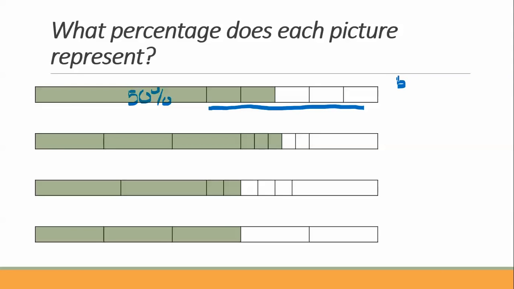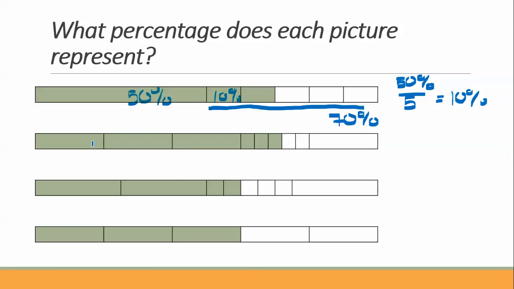So we have 50% divided into 5. So that means each of the smaller divisions is 10%. So now we have 50, 60, 70. So this shaded amount is 70%.